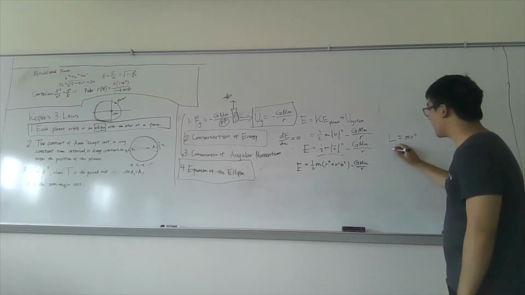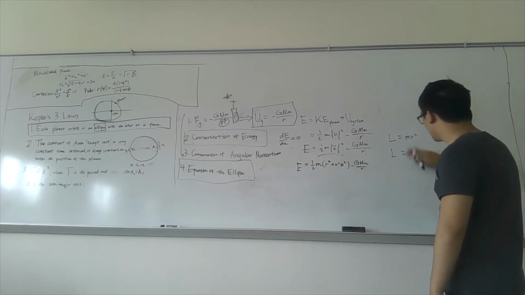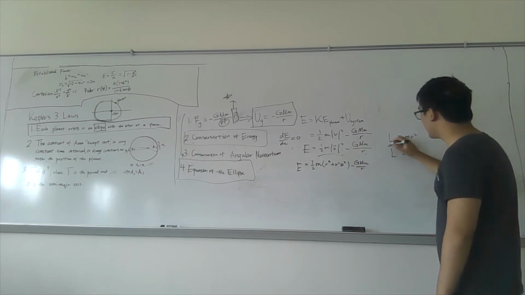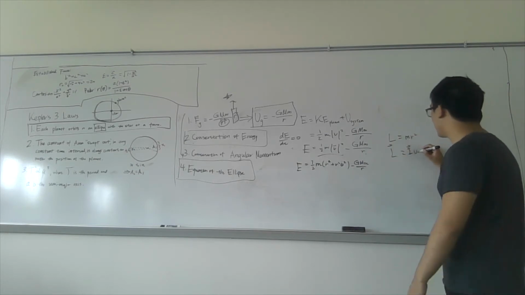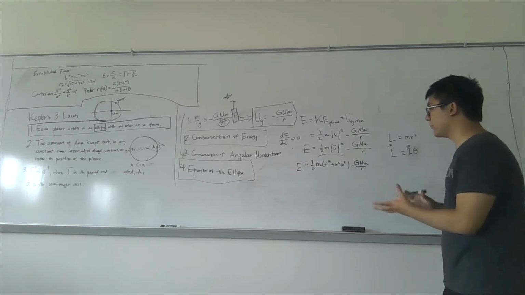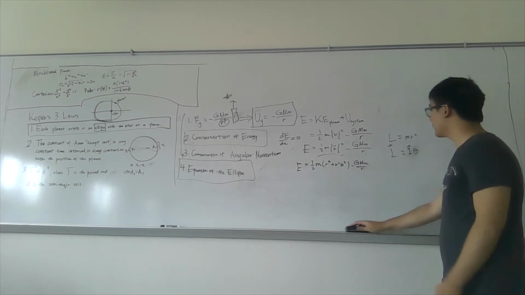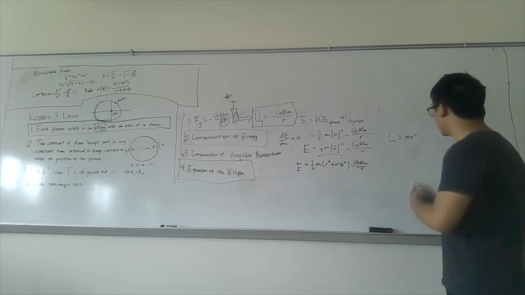If we weren't, then we would have to use this expression where angular momentum is equal to the rotational inertia of our system times the rate at which the system is rotating. We don't need to do that because of our assumption.